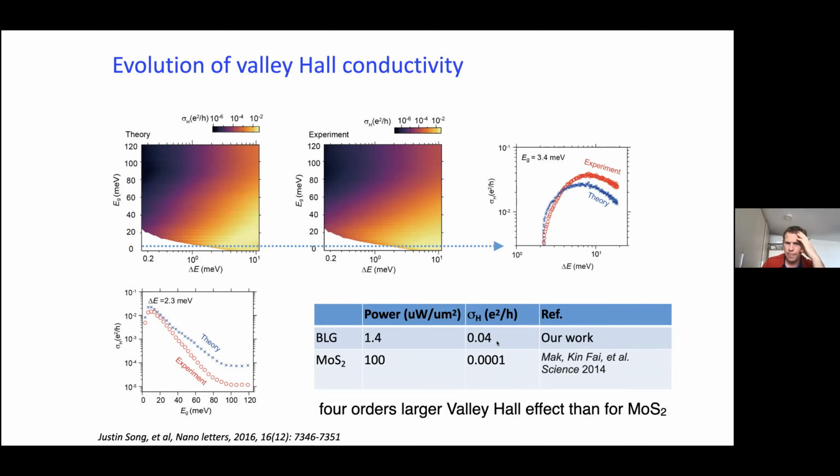But it's 4 orders of magnitude stronger than what was seen in semiconducting 2D materials, where Hall conductivities of 10 to the minus 4 were measured, but with 100 times more power. So in the future, we want to also use this to introduce, for example, non-reciprocal plasmons that have been predicted also by Justin.